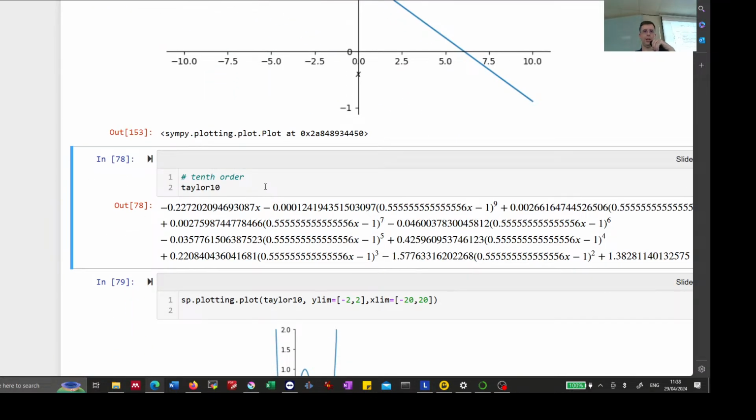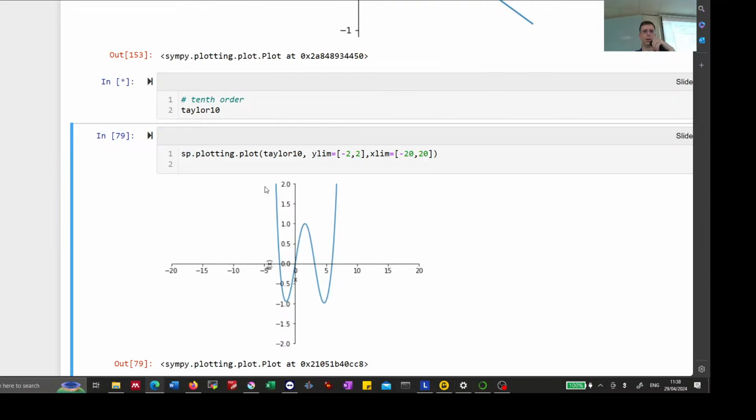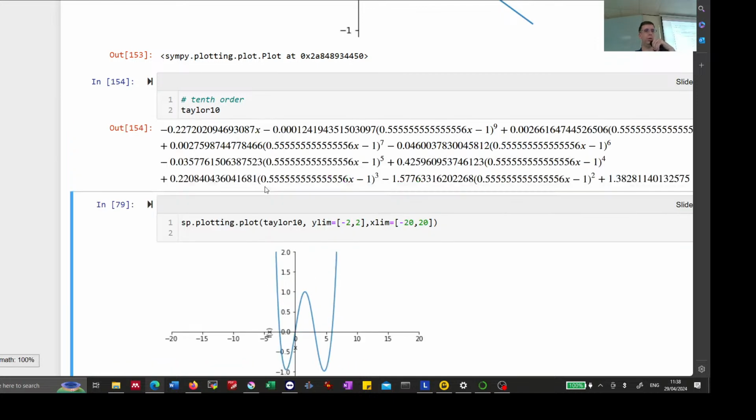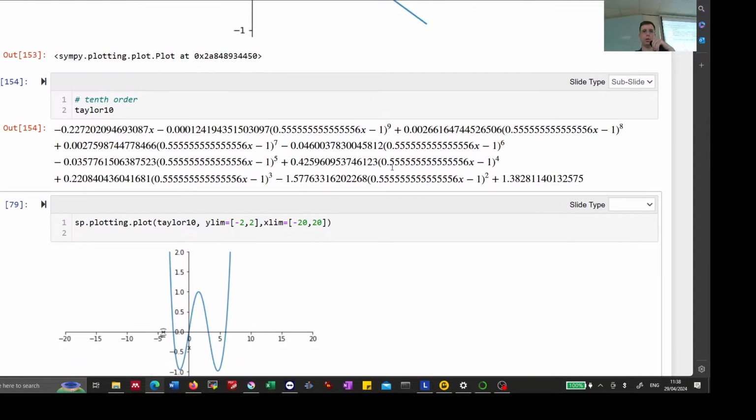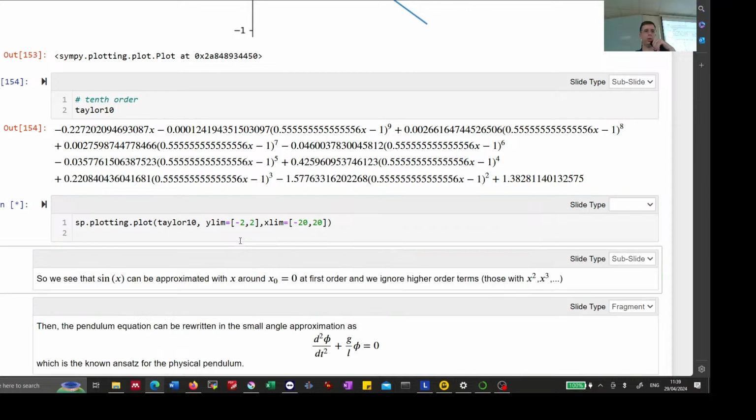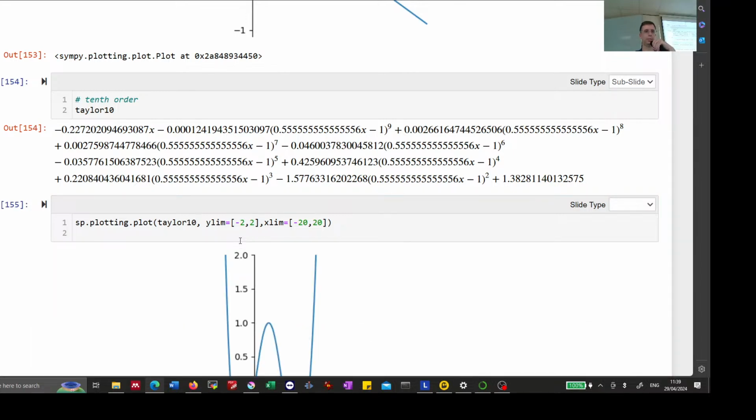Then I can look at my Taylor 10. And there will be a lot of terms because that is a polynomial basically that goes up to the order of 9. So far, so good. Then I can plot Taylor 10.